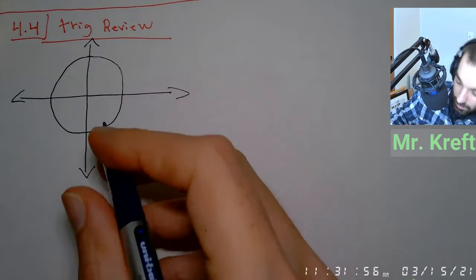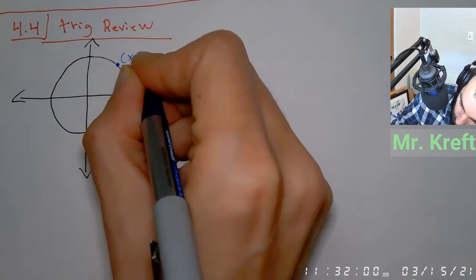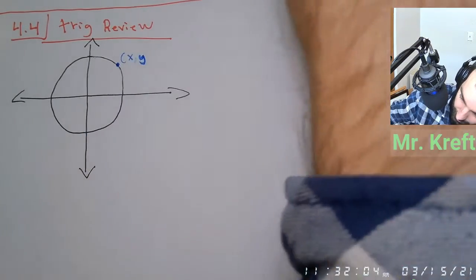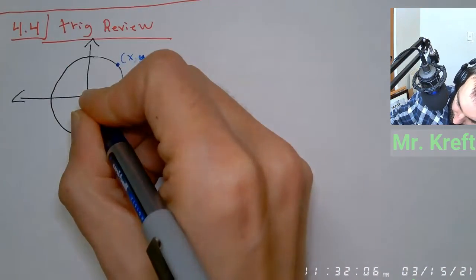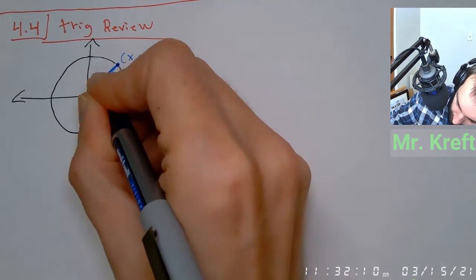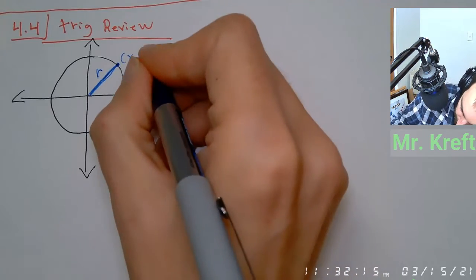All right, so here we go. If I have a circle, and I have some point on that circle, (x, y), well, we know how circles work. They have a radius r.